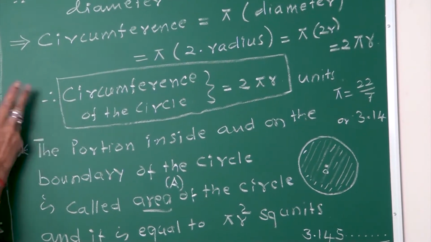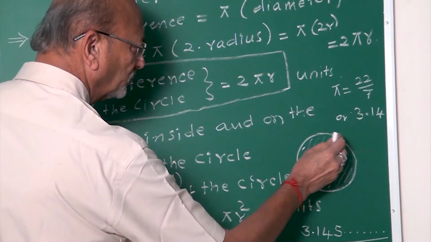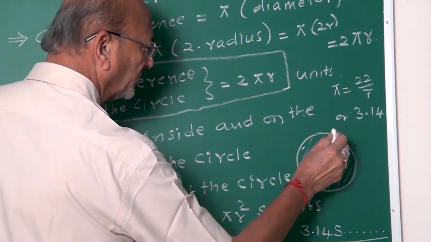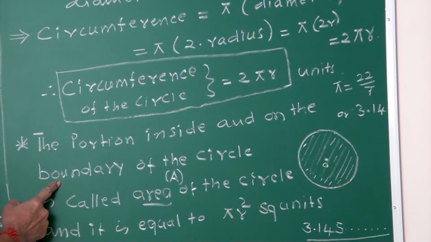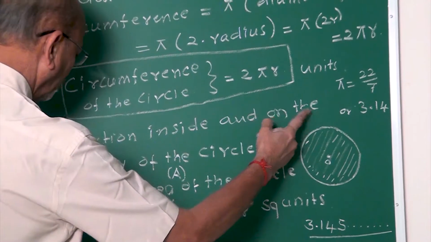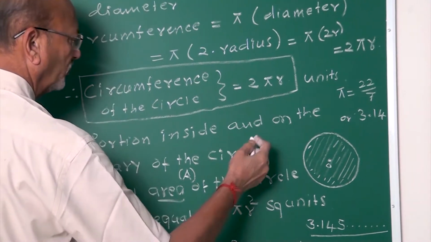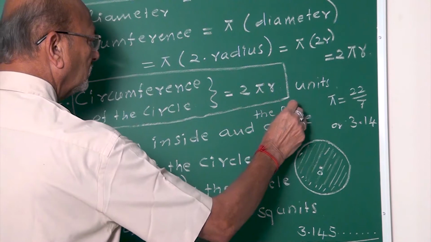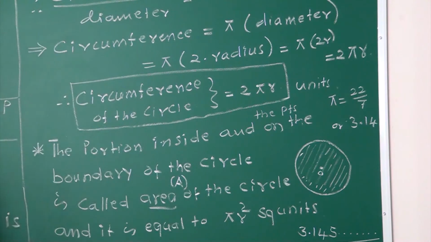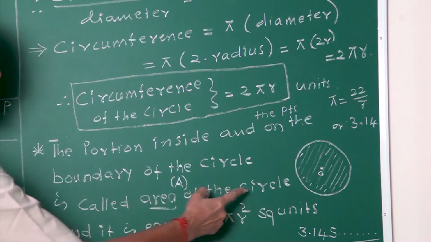Yes, my friends. The portion inside as well as the points on the boundary of the circle is called the area of the circle.